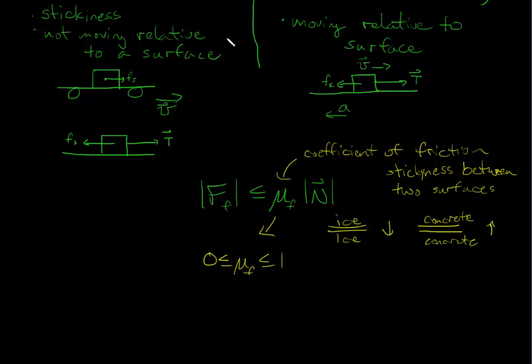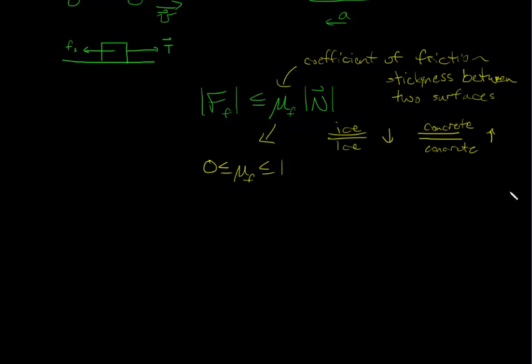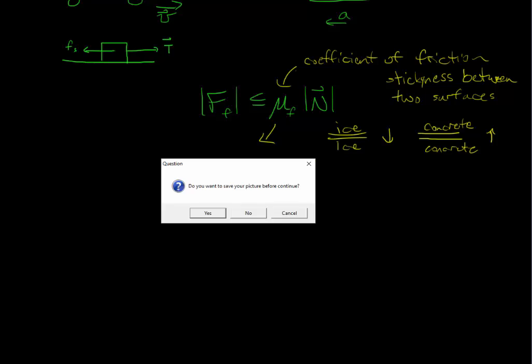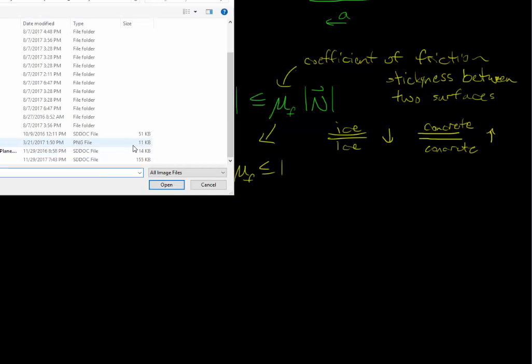Let's see, what else? Okay, so how about some examples? Calculating friction. Get a new page open. All right, so suppose you have someone and they're trying to move a sofa, trying to move a couch.